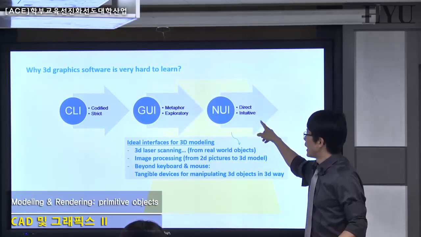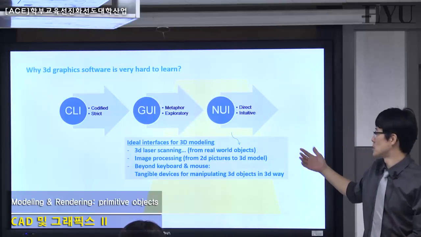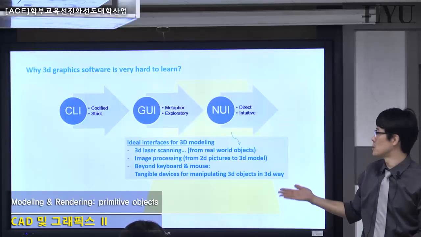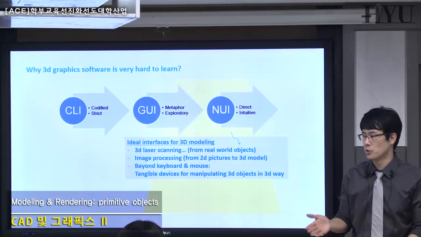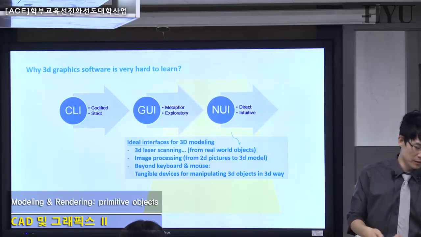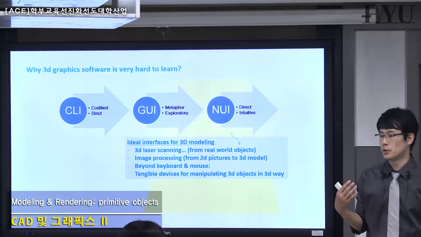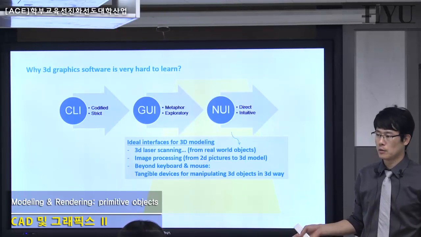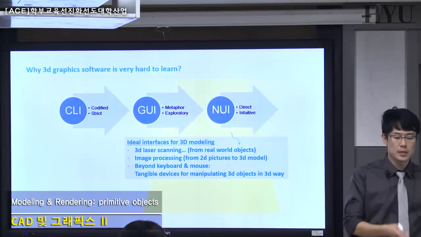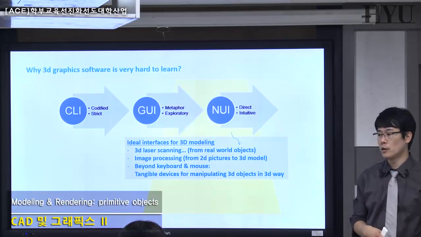So NUI is a certain type of ideal interface for 3D modeling in general, but you are in architecture, especially interior architecture design. We need to follow human scale in precise dimensions, okay?